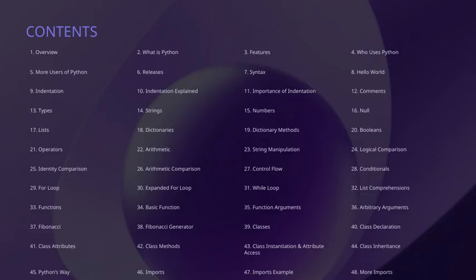Control flow structures, such as if statements and loops, will be discussed, along with functions and how to use them to organize your code. We'll explore object-oriented programming with classes, inheritance, and class attributes, giving you a solid grasp of Python's approach to designing programs. Additionally, we'll look at best practices like comments, documentation, and error handling to write clean, maintainable code.